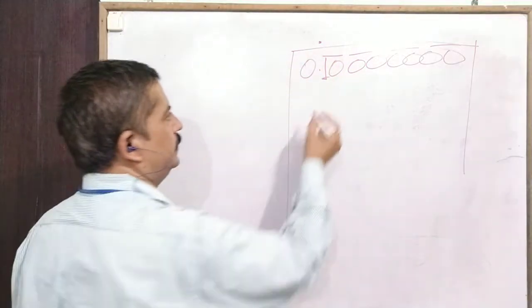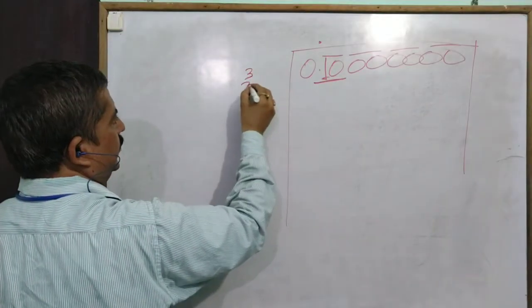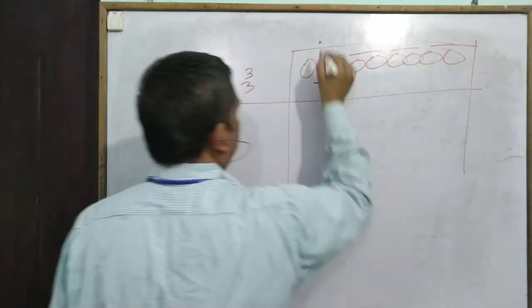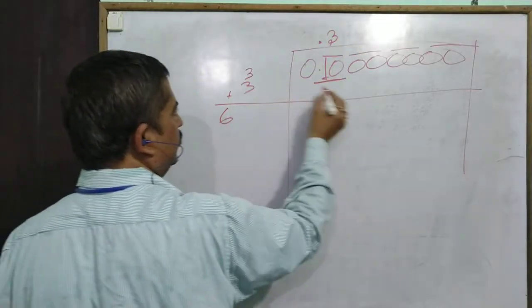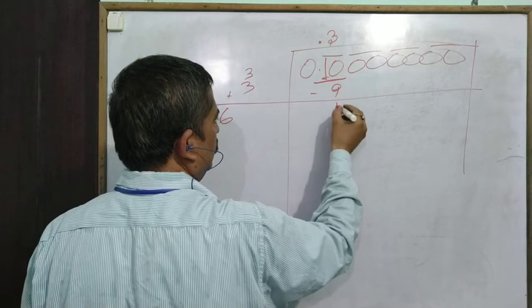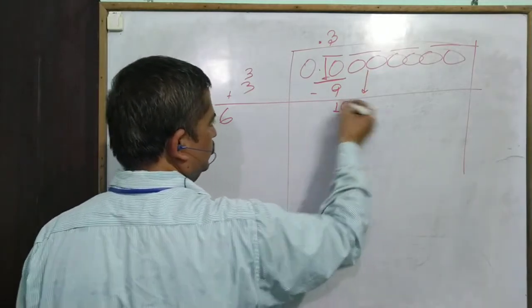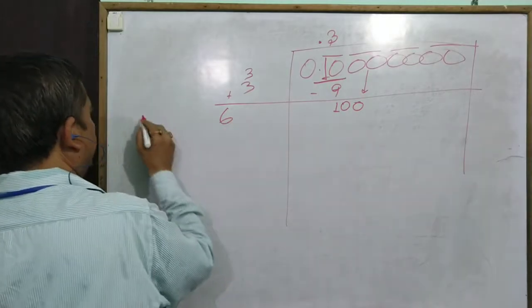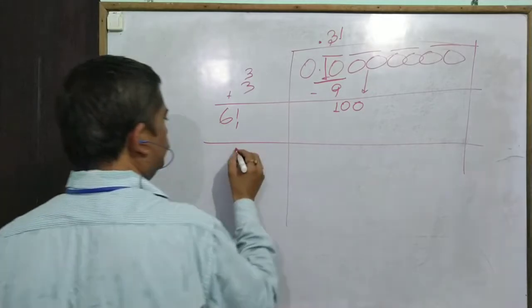So 10 means 3 into 3, so 0.3. 3 plus 3, 6. 3 into 3 is 9, minus 1. Again 00. So wait, 1.